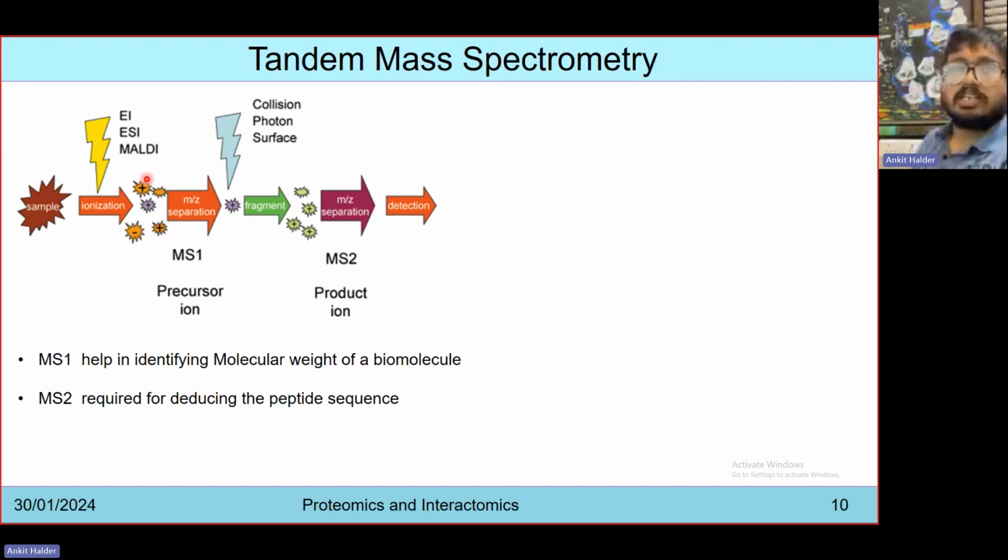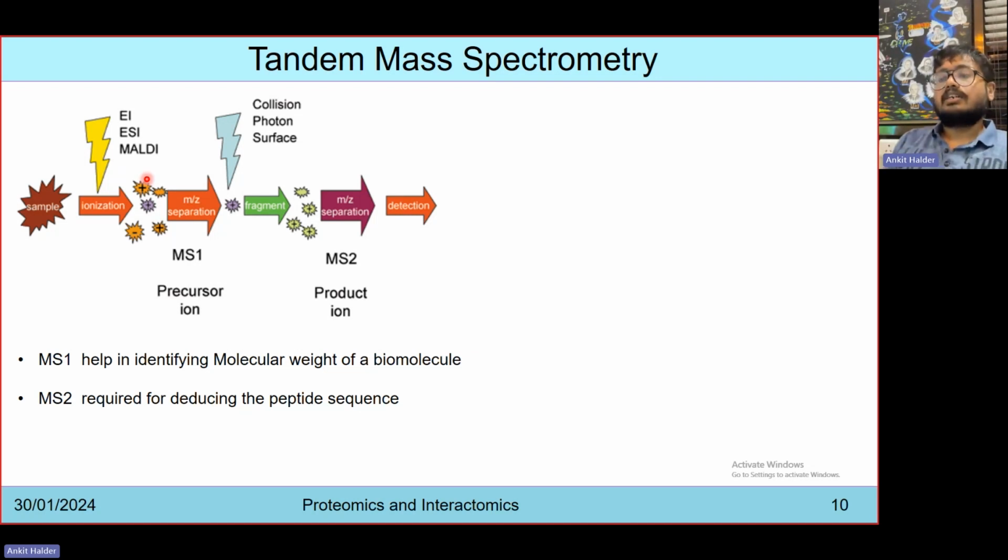For example, if you think of a peptide of around 1500 or 1200 daltons, and it is singly charged, so 1200 plus 1 divided by 1, you get that it is a 1200 dalton peptide, the peptide mass fingerprint.